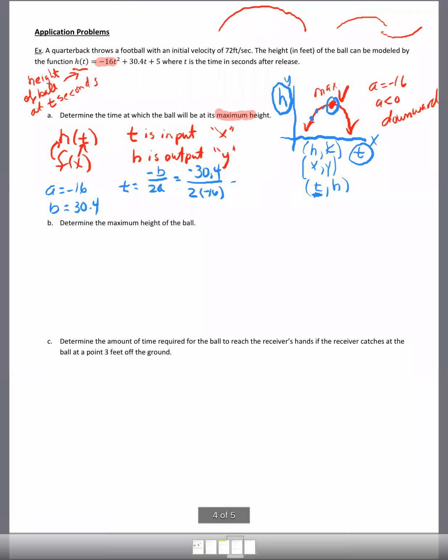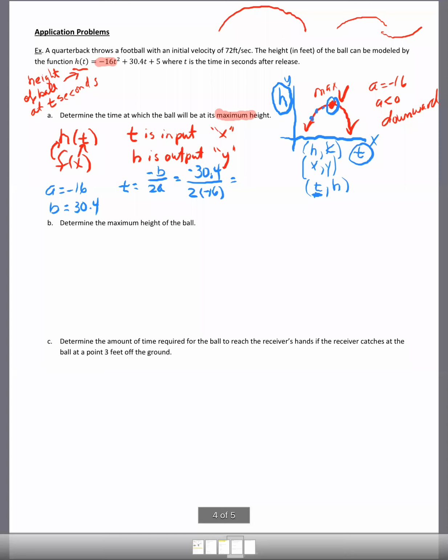And our t value then, if you go to your calculator, looks like we may have to throw this back as a decimal. In our instruction here, they did not tell us how to round it, but you can bet I always will. -30.4 divided by 2 times -16, that'd be -32.